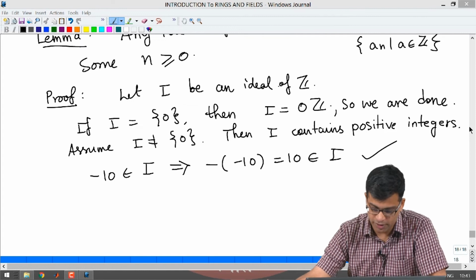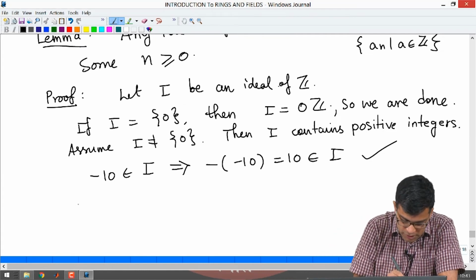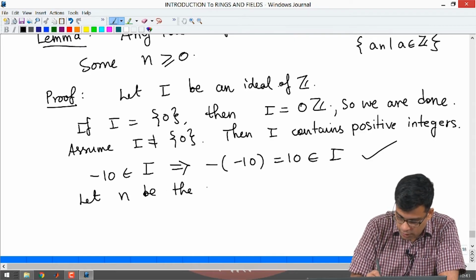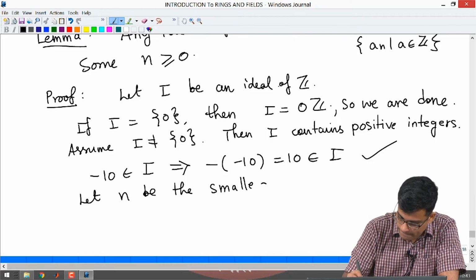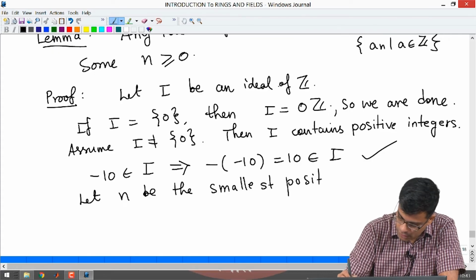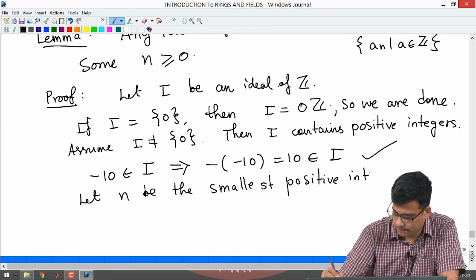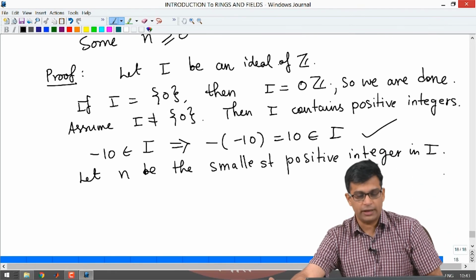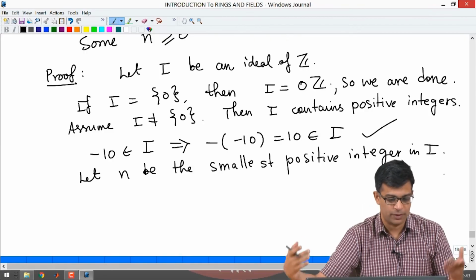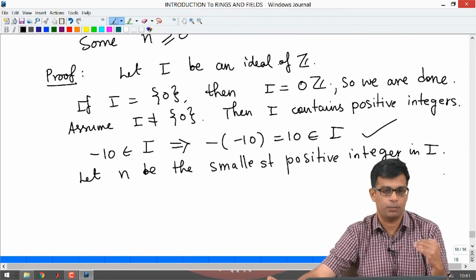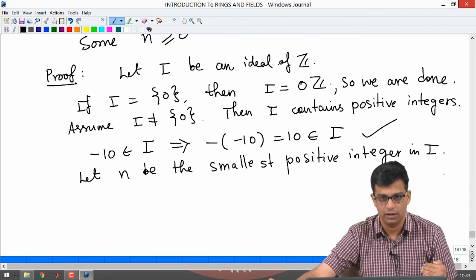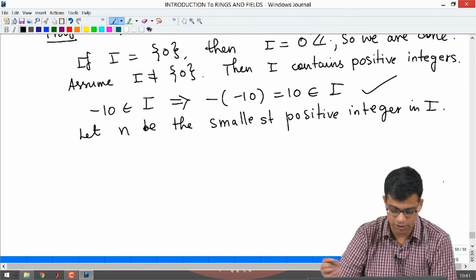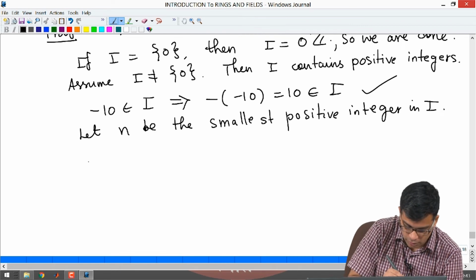Now, what I will do is let n be the smallest positive integer in I. I can always choose that, right. Of some positive integers, I cannot pick maybe the largest one, but I can always pick the smallest one. So, let n be the smallest positive integer in I. Now, and then choose.